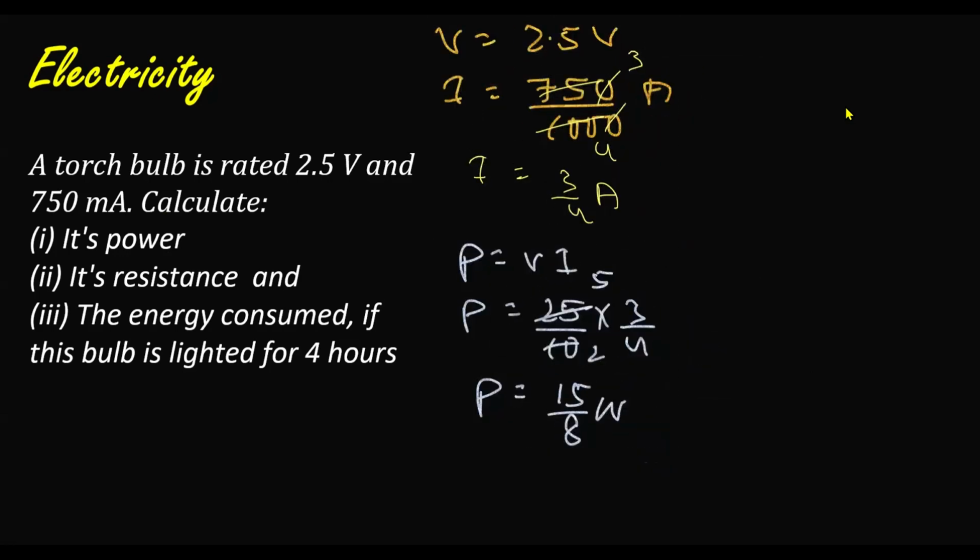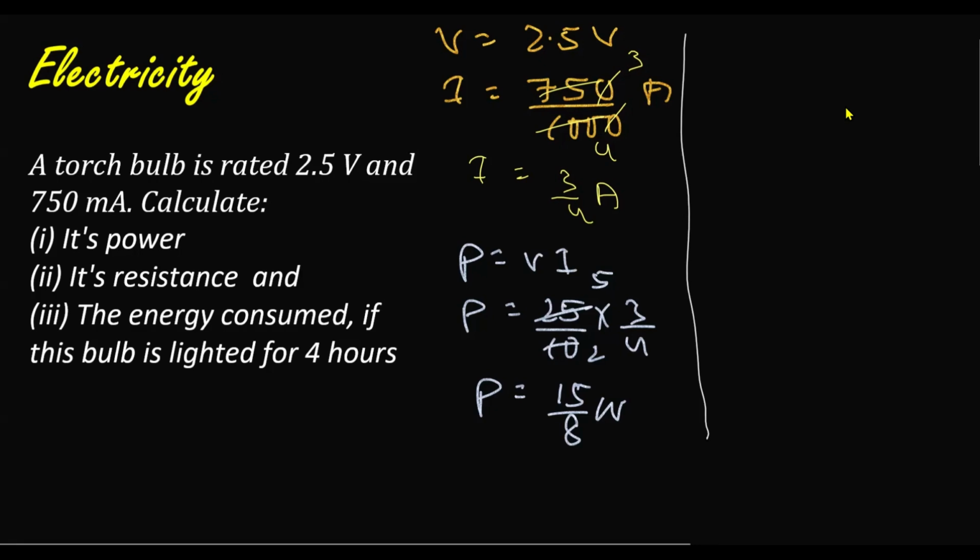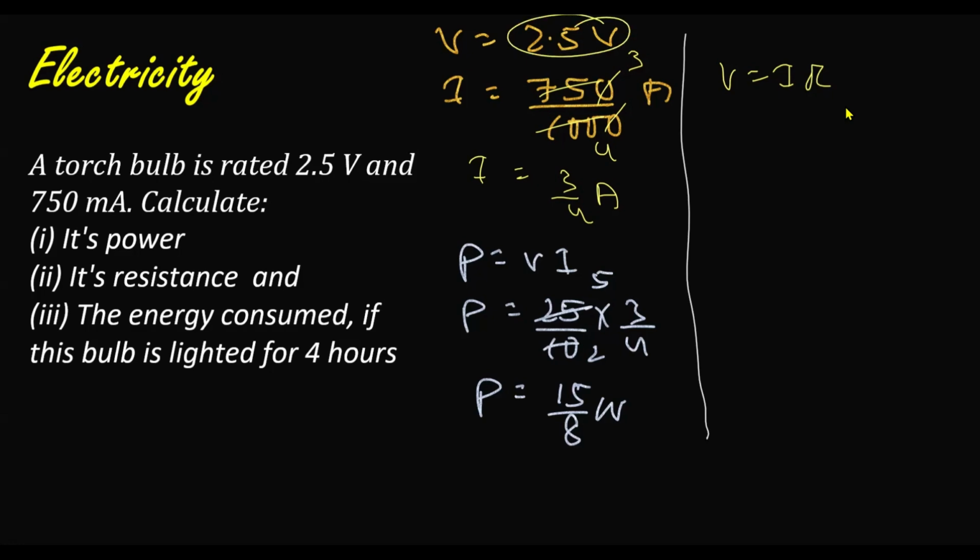Now in the next part they are asking the resistance here. So that's very easily can be done using Ohm's law. What we know is that V is equal to IR, right? So R is what we have to get. So let's place the value. V is 2.5. How much is I?